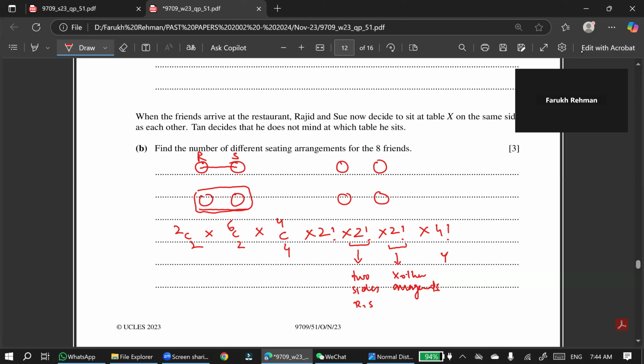They can switch their places on the 2 sides of the table. And this one is for Rajit and Sui to swap their places on the same side of the table. This one is the answer to this question.